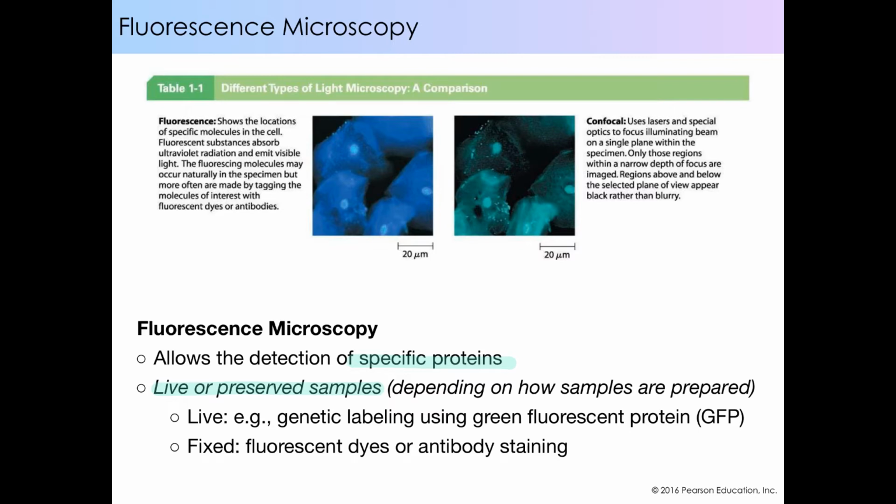Now, I want to emphasize that this doesn't mean that we can see the structure of the protein, just detect its location. So as you can see in these images, we can label different structures in cells by using fluorescent dyes or some sort of antibody staining or genetic labeling with green fluorescent protein.